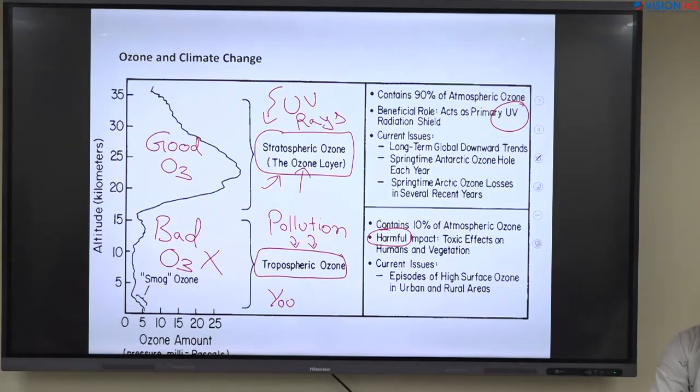Okay. So the topic that you are studying, which ozone are we concerned with? Stratospheric ozone. So first be clear on this. Ozone hole is the topic that you are reading. Which ozone are we talking about? We are talking about stratospheric ozone, good ozone.